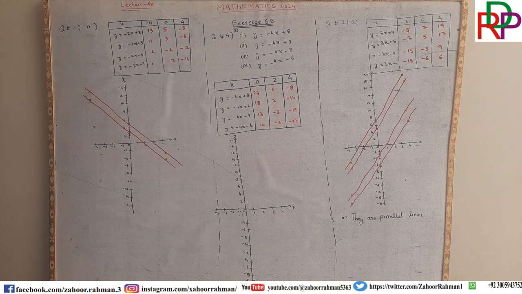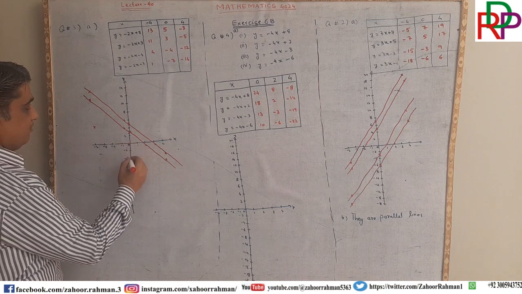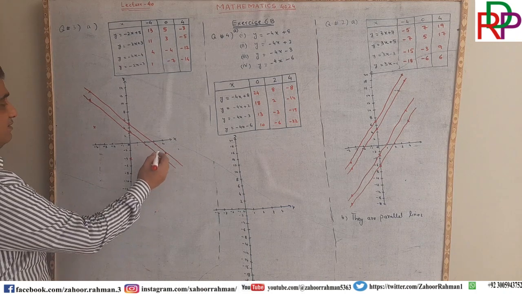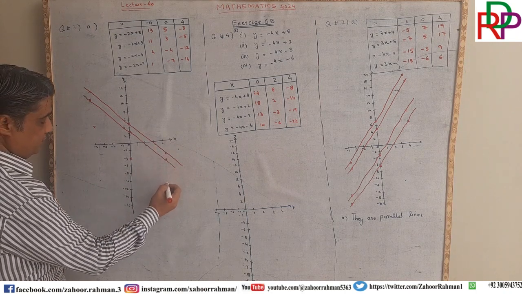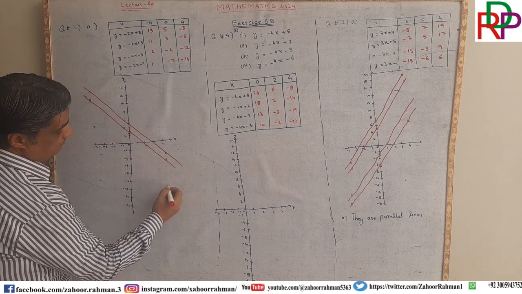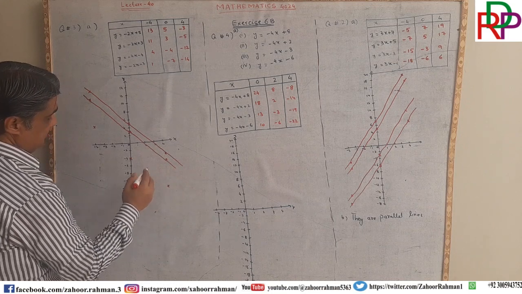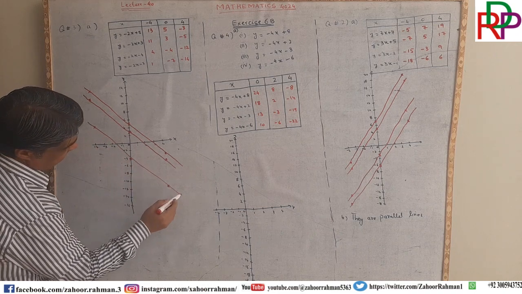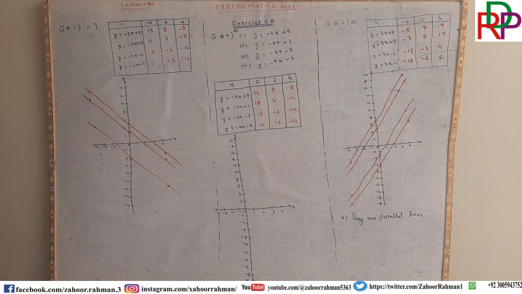I can guess from the graph that this is wrong. For 0 minus 4 it will be somewhere here, and for 4 it will be minus 12, which will be somewhere here. Again we have to connect these lines, and it will be something like this.